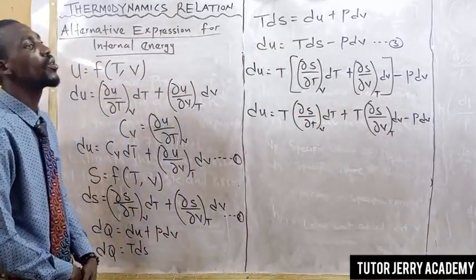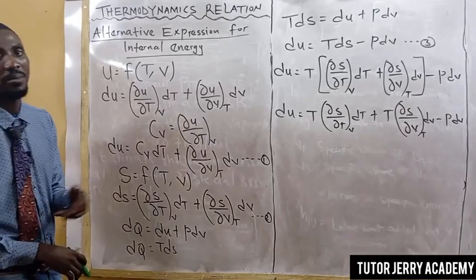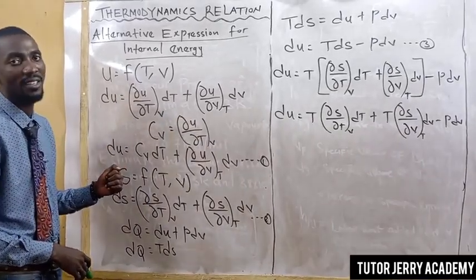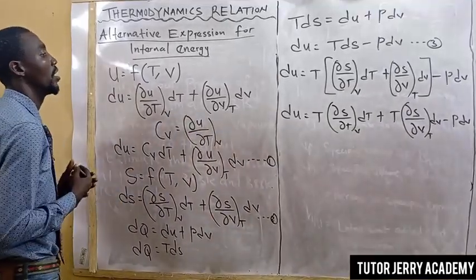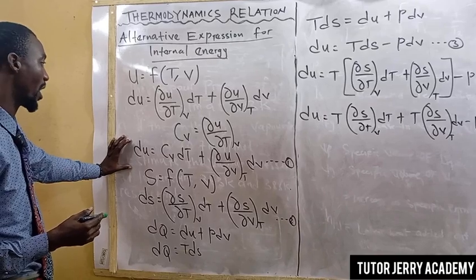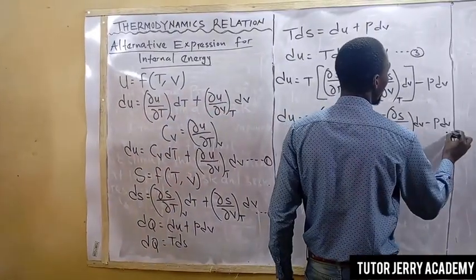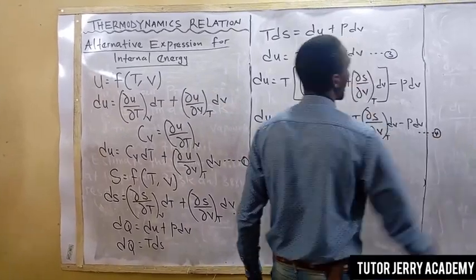All right. So from this, we already named an equation as equation 1. So in order not to get confused, let's name this equation 4.